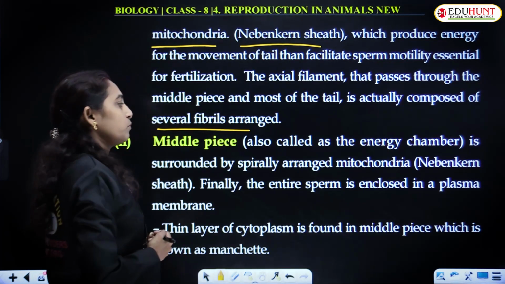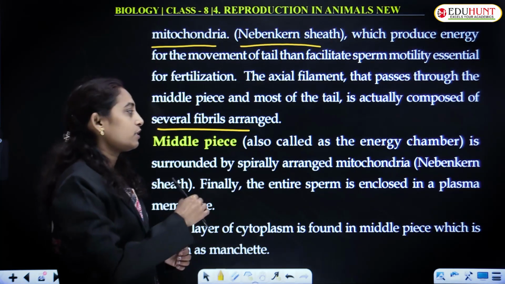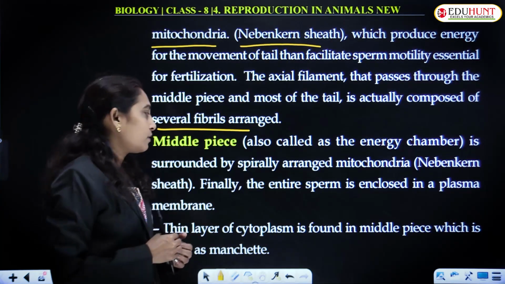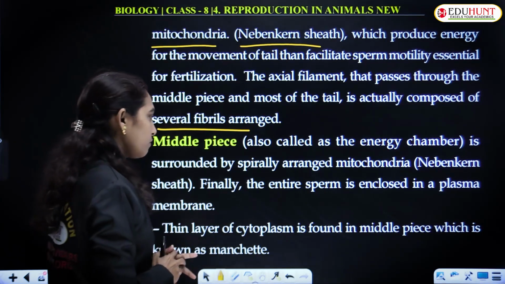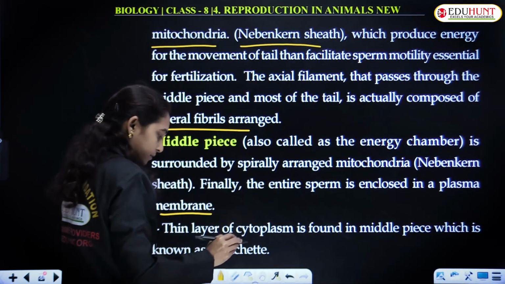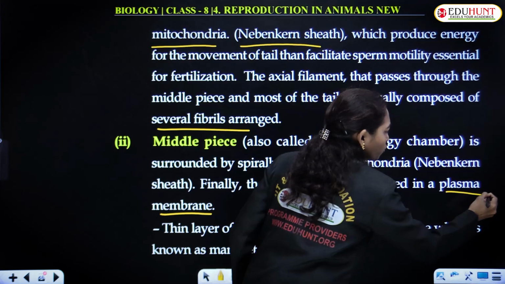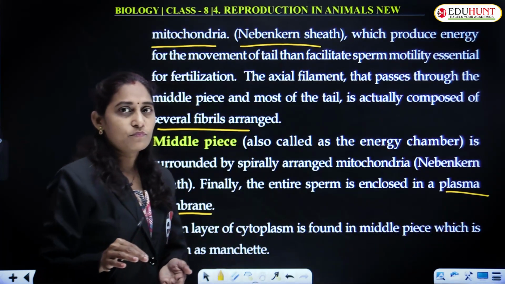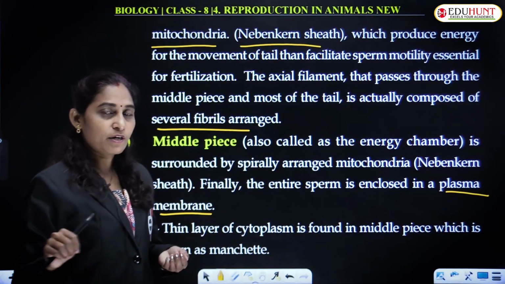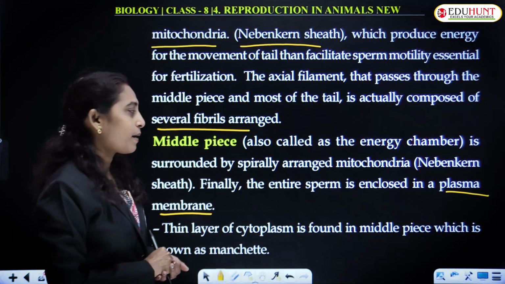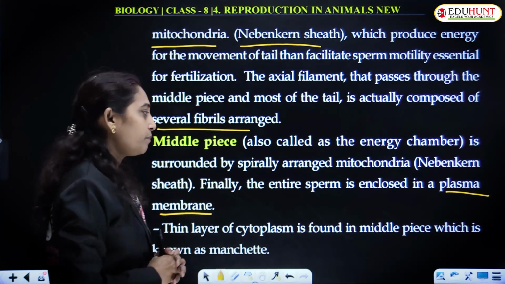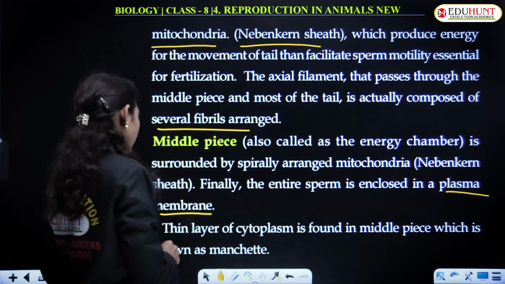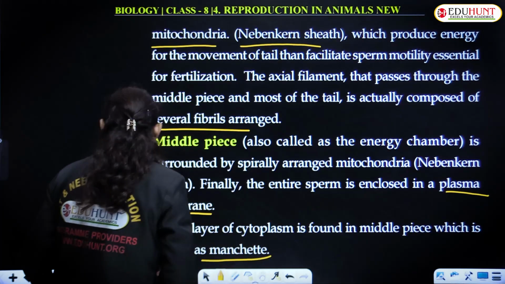What does the energy chamber have? A spirally arranged mitochondrial sheath, and finally the entire sperm is enclosed in a plasma membrane. A thin membrane called the plasma membrane surrounds the whole sperm. A thin layer of cytoplasm is also found in the middle piece, which is known as the manchette.